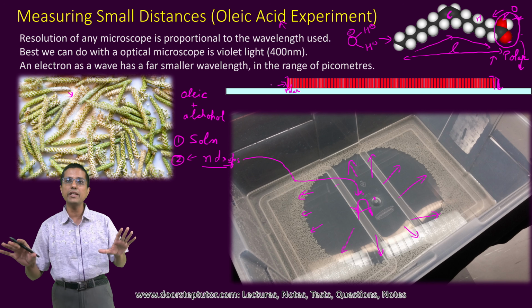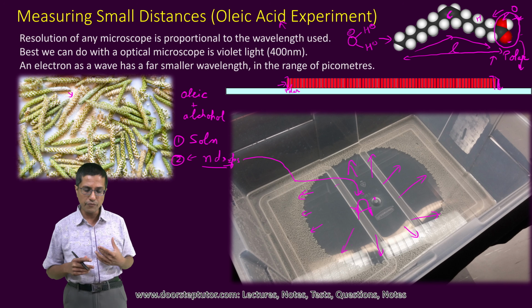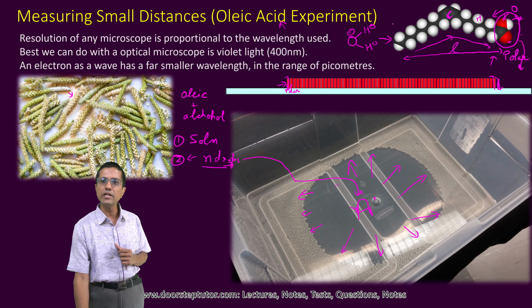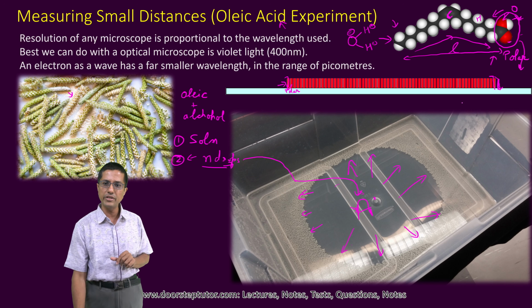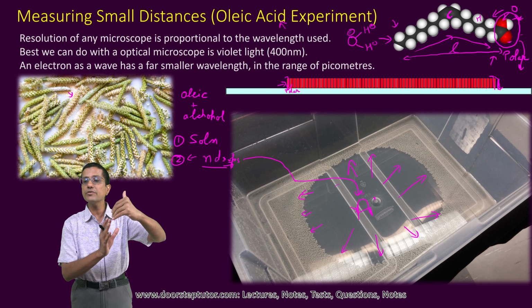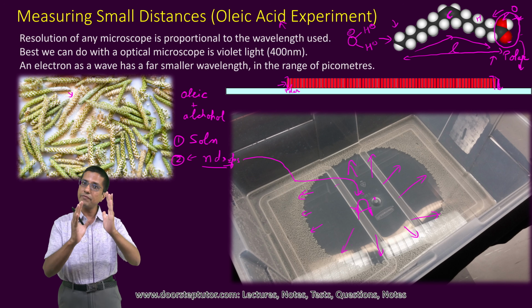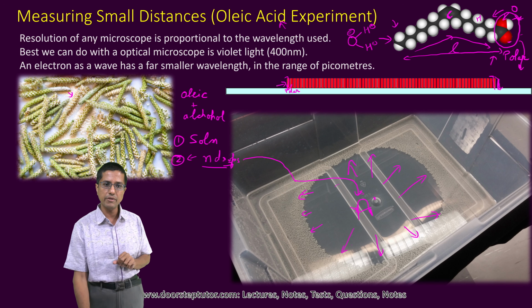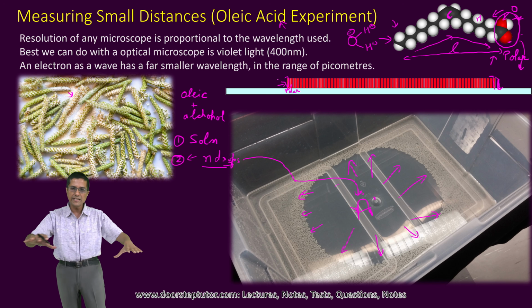We will use this particular property of oleic acid, that one end is hydrophilic and the other end is hydrophobic. Phobic means it is afraid of water. Because of that, there is an orientation. As soon as it comes in contact with water, there is a particular orientation which this oleic acid molecule prefers, and we will use that property. Because of that, they will all arrange themselves vertically as the alcohol evaporates.